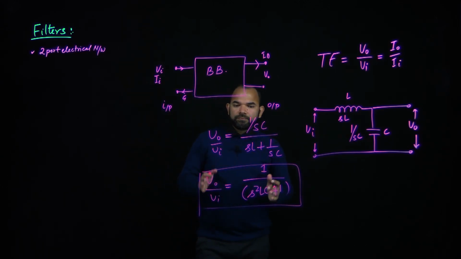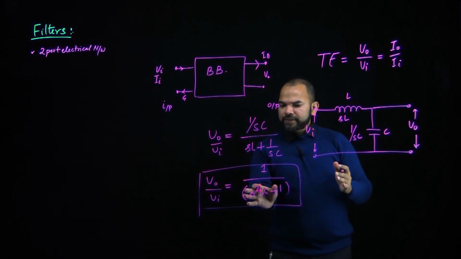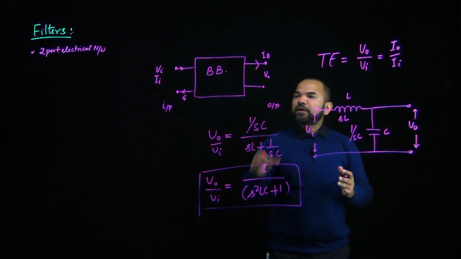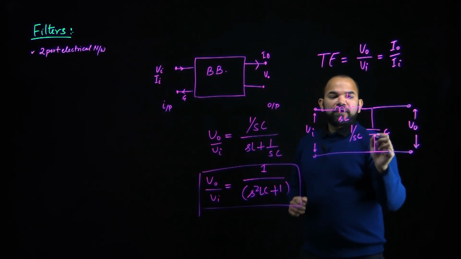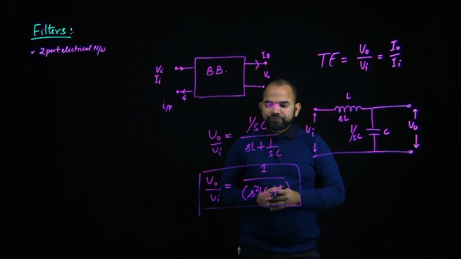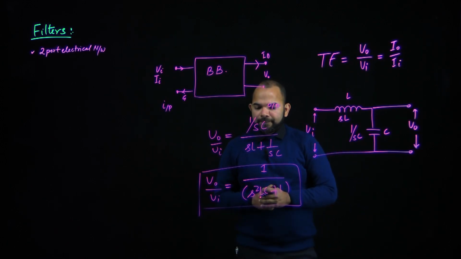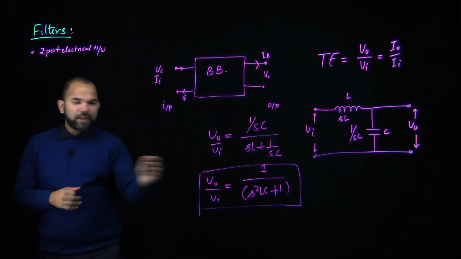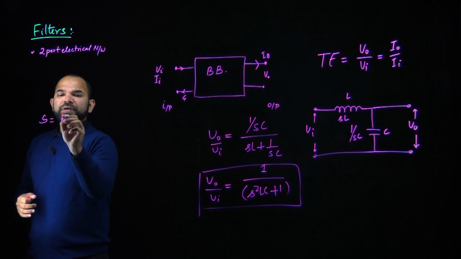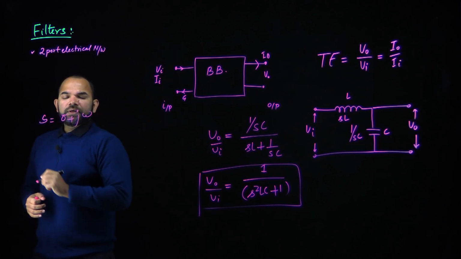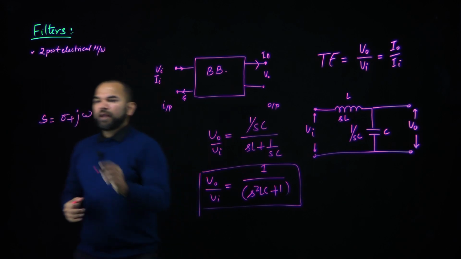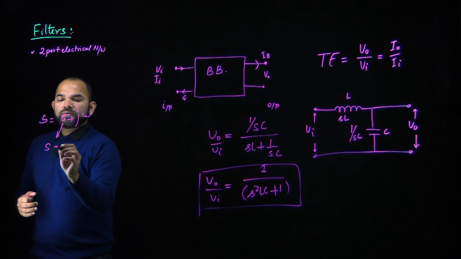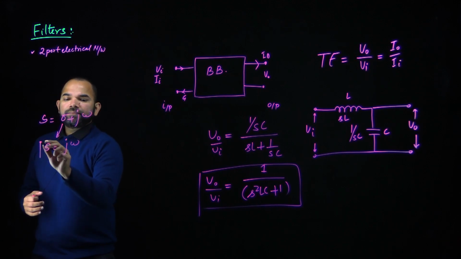So we see the transfer function is a function of S, which is a complex frequency, and the quantities like the inductor value and capacitor value, and with some sort of functions associated. So if we know from Laplace equation, S can be represented as sigma plus j omega. So we can replace this, and if we assume the system to be lossless, there are no losses, so this S could be replaced with j omega.